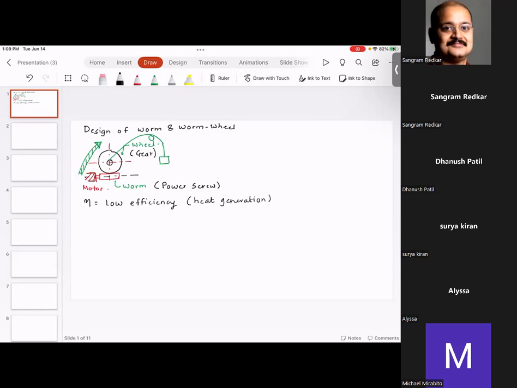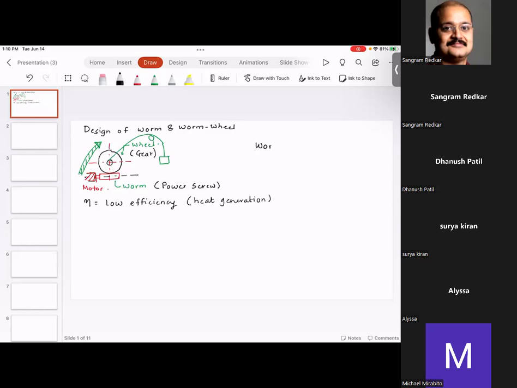So when we design a worm wheel, we want to make sure that we are somehow able to dissipate that heat. So lubrication becomes important, the design of the casing becomes important, and the selection of lubricant is also important.